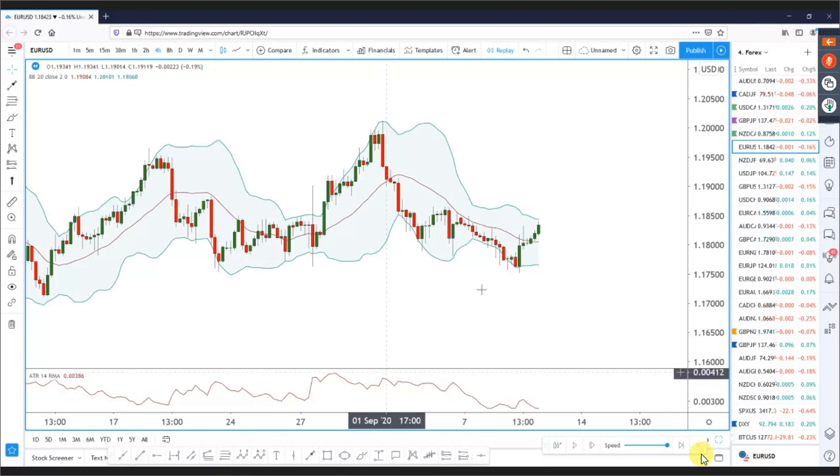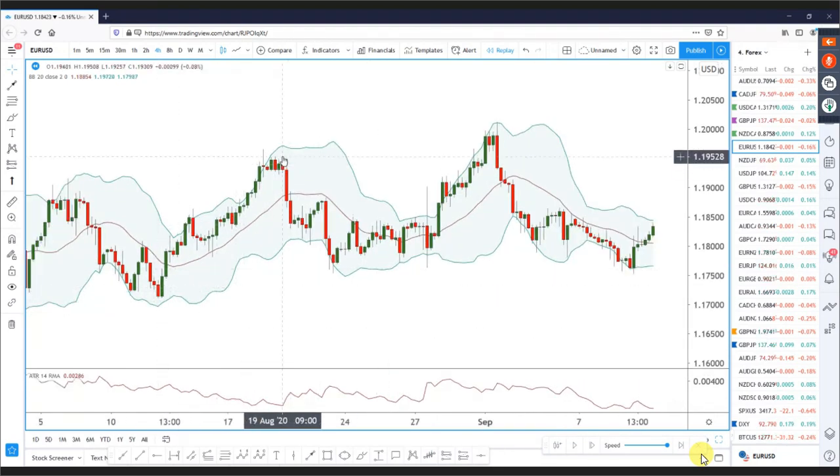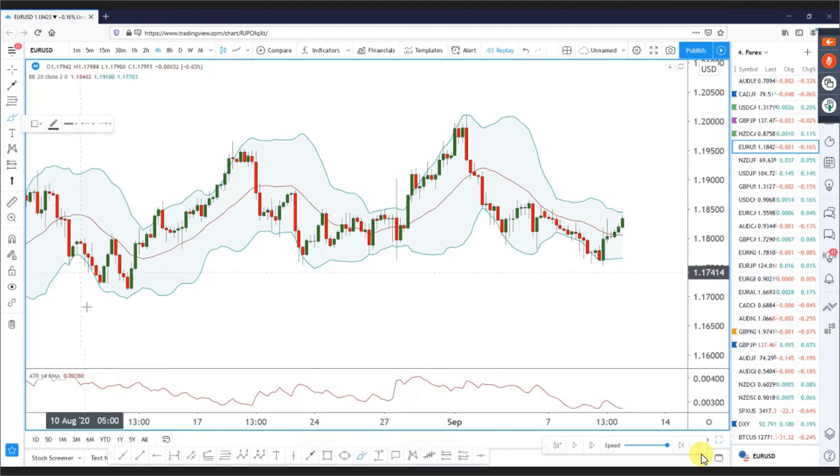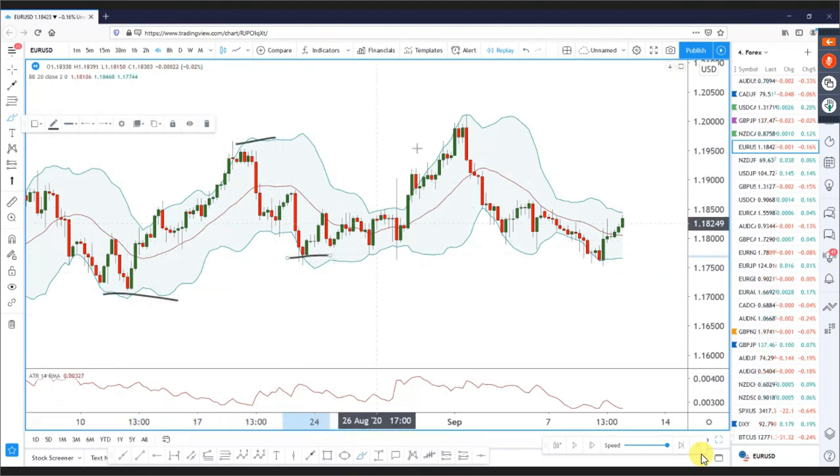So the last move was from, okay, let's see. Looks like a bullish momentum. We have high, higher low, higher high, equal lows.